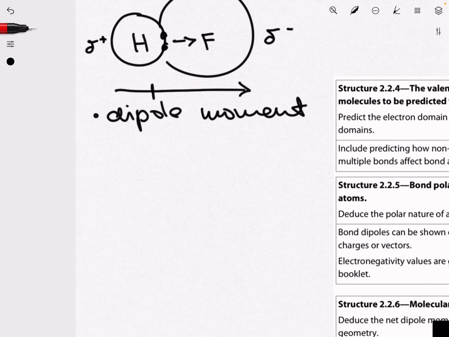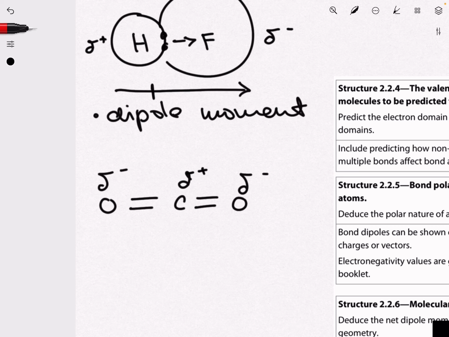In terms of an overall dipole moment, let's take the example of carbon dioxide from earlier. So here our carbon is further from the electrons, so it will be more positive, whilst the others will be a little bit more negative, as oxygen is pulling those electrons towards them.